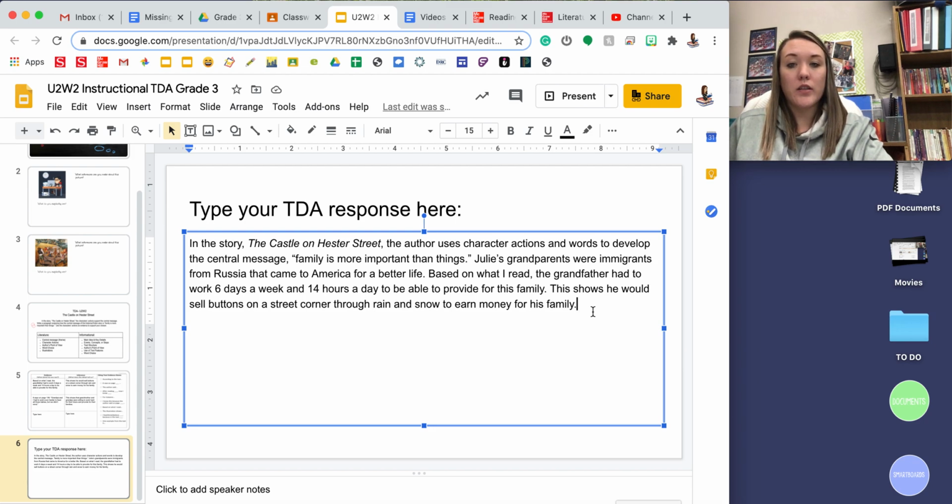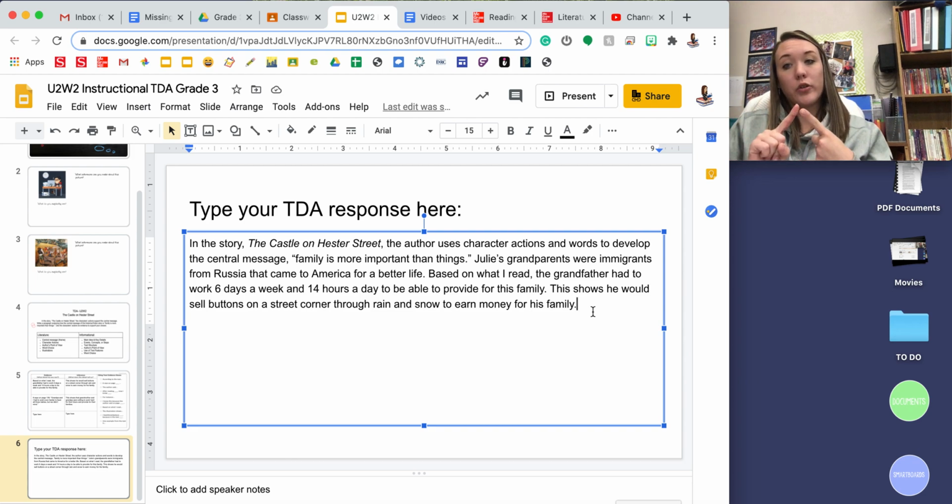Julie's grandparents were immigrants from Russia that came to America for a better life. Based on what I read, the grandfather had to work 6 days a week and 14 hours a day to be able to provide for his family. This shows he would sell buttons on a street corner through rain and snow to earn money for his family. That sounds good to me.